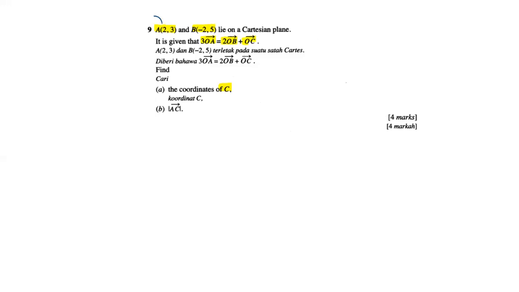if they give you coordinates, that means OA equals 2, 3. OB is negative 2, 5. Okay.